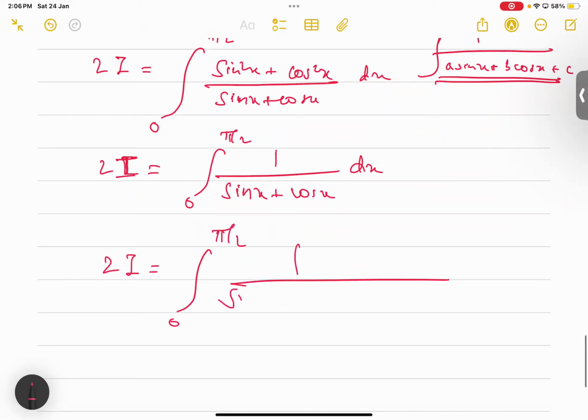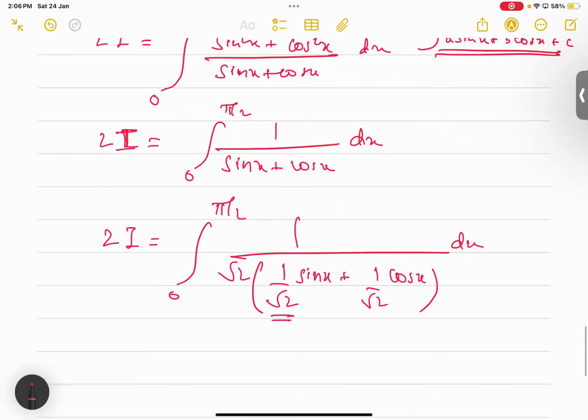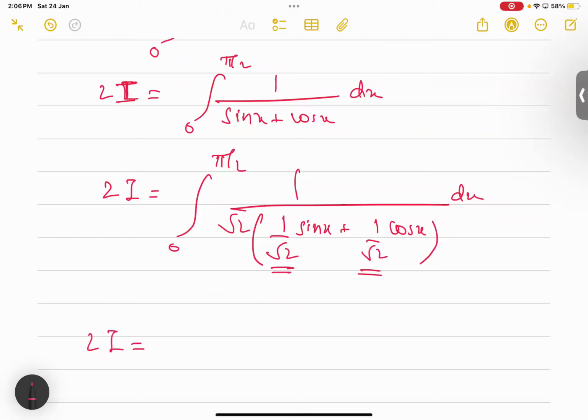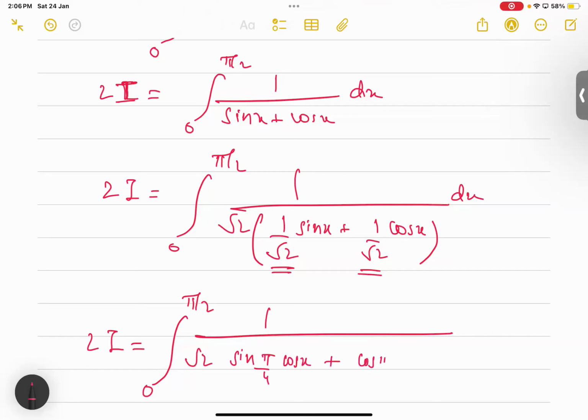Root 2. 1 by root 2 sin x, 1 by root 2 cos x. Clear? Multiply and divide by root 2. Now what is 1 by root 2? You can either write sin or cos. Let's make it sin 45 and cos 45.